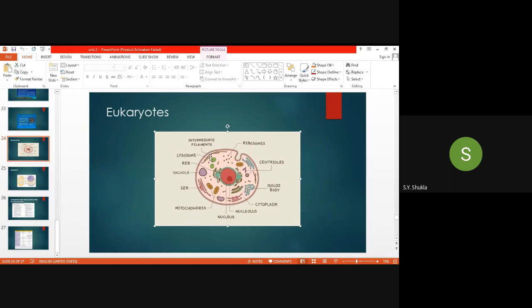Then the lysosome. Now comes a very important cell organelle of the eukaryote, the lysosome. Lysosome is actually the suicide bag of the cell. Depending upon their function, they have a second name for each and every organelle.